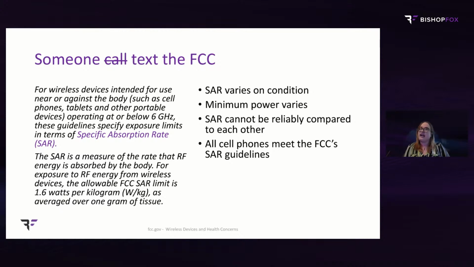So it cannot reliably be compared to each other. We can't really say that a SAR of X is going to be more dangerous than a SAR of Y. It's just bigger is badder is what they assume. All cell phones sold here in the United States do meet the FCC's SAR guidelines. So again, the FCC has claimed that these are a safe measure of the absorption rate.